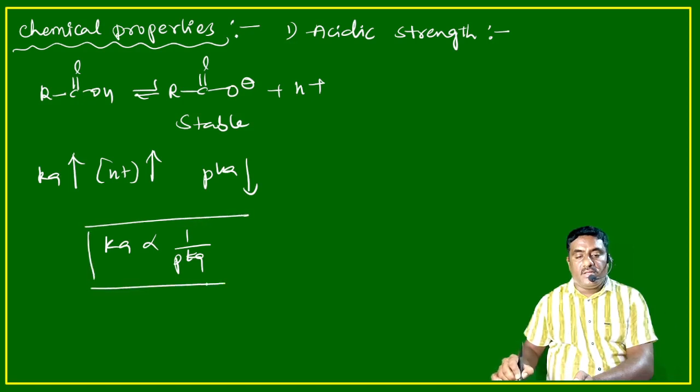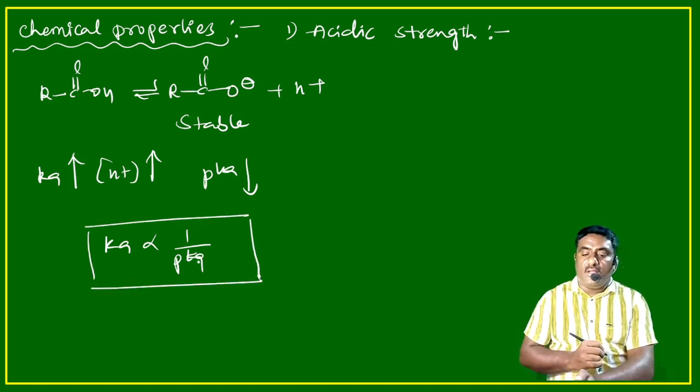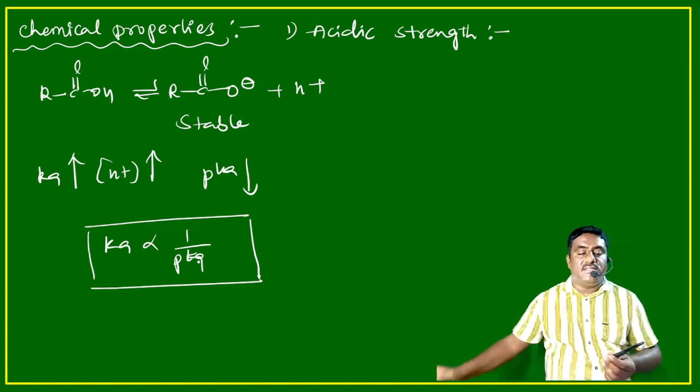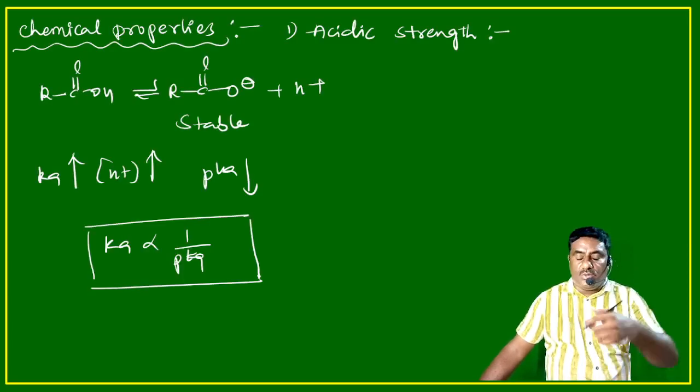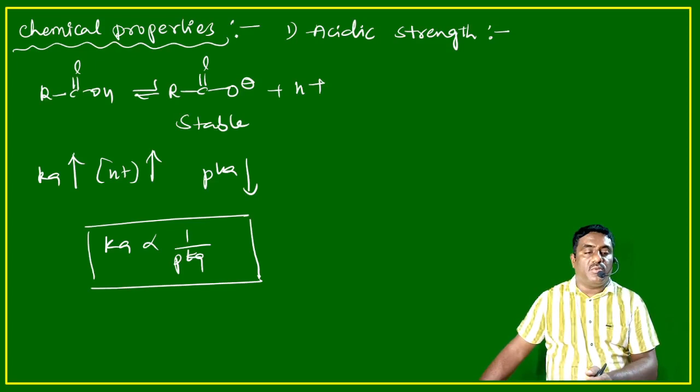Ka is inversely proportional to pKa. So how to decide the acidic strength of carboxylic acid?